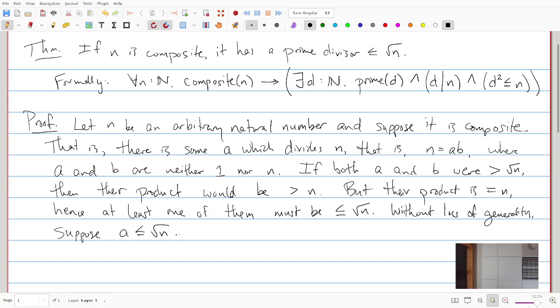And so what lets me just say, well, let's say it's A, because it could have been B? The point is, A and B, it doesn't really matter. It's just like two numbers that multiply to n. I could name them the opposite things if I wanted. It wouldn't really change anything. So I'm just saying, let's say from the beginning that we happen to pick A to be the one that was less than or equal to the square root of n, and B is the one that's bigger. It doesn't really matter which one I call which, so I haven't lost anything by just saying, suppose this, right?